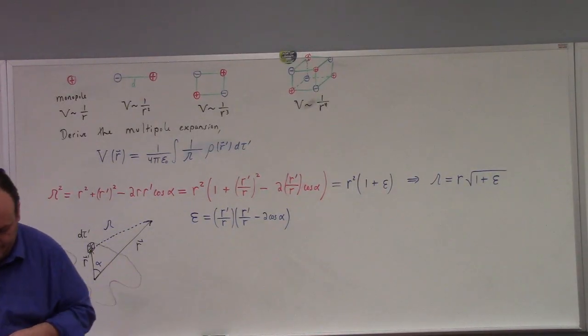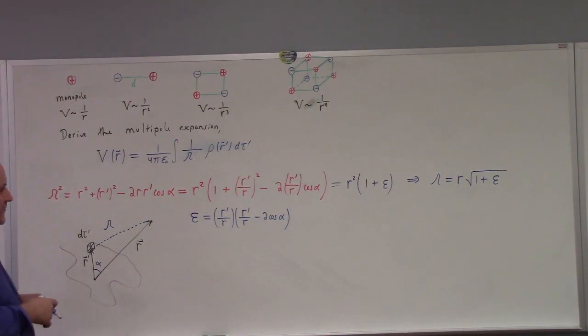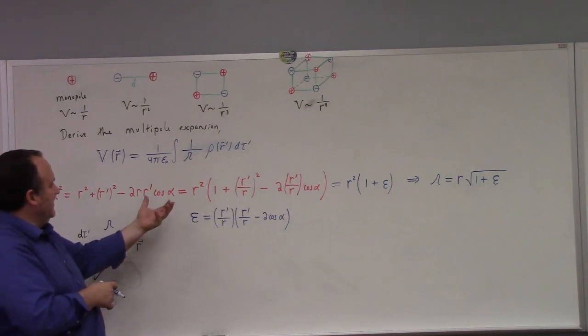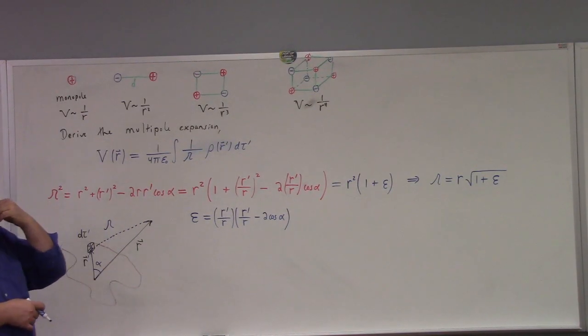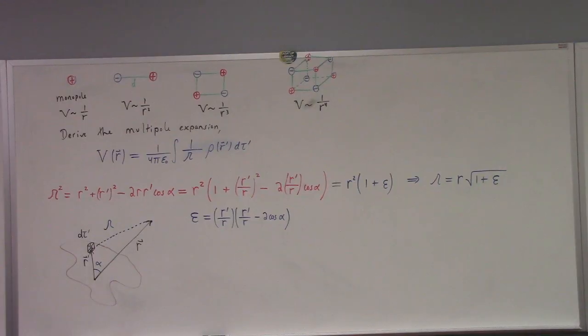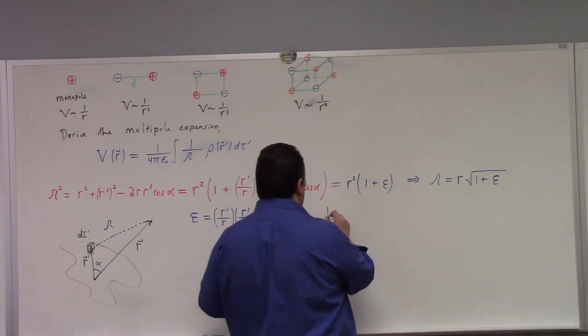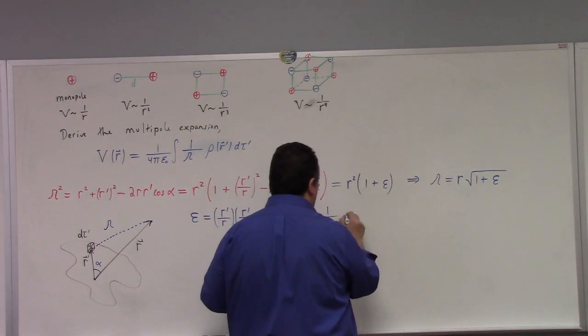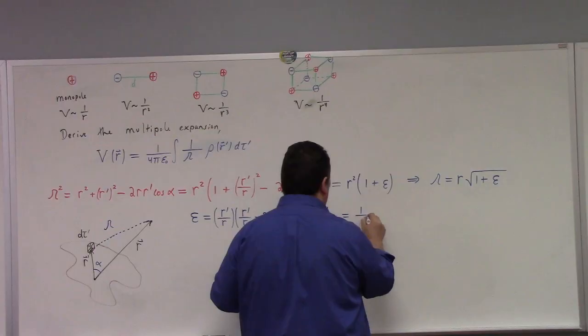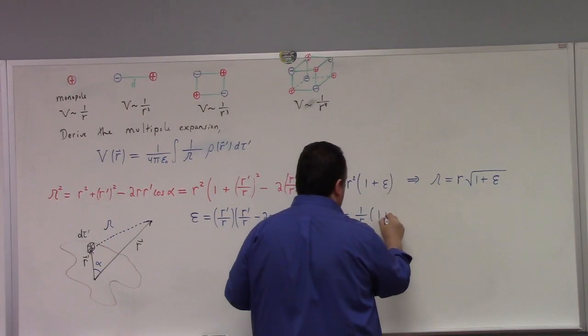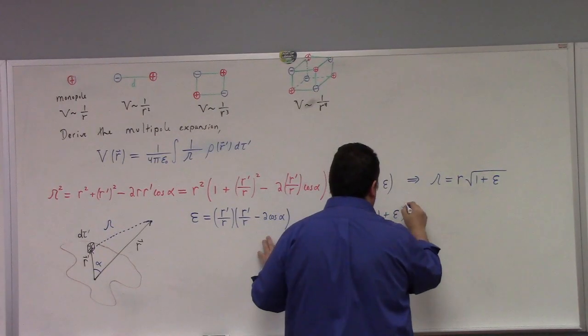All right. And so we don't face script r in the formula for the potential. We face 1 over script r, right? So let's work on that. 1 over script r is equal to 1 over r times 1 plus epsilon to the minus 1/2 power.